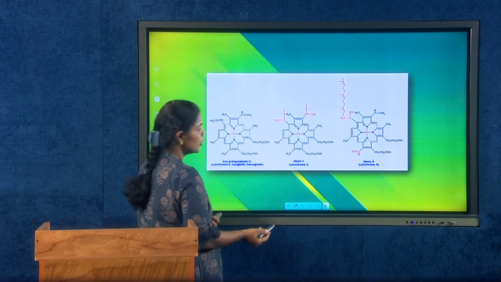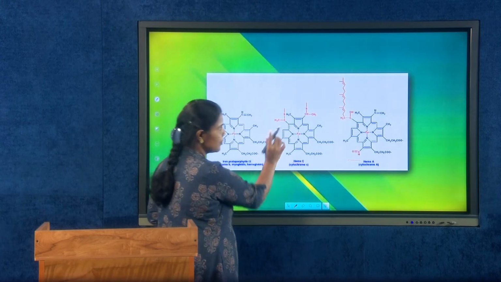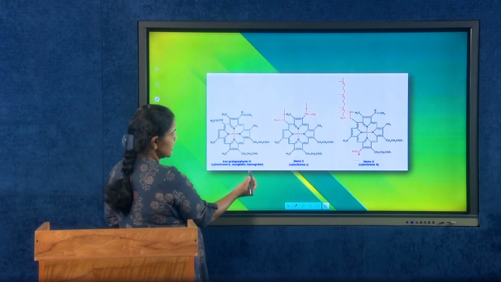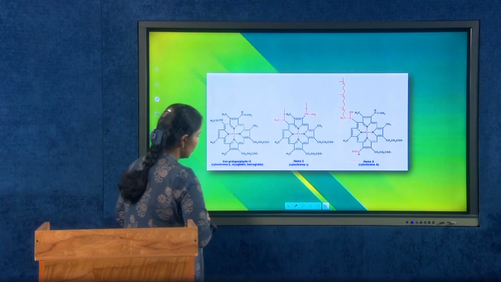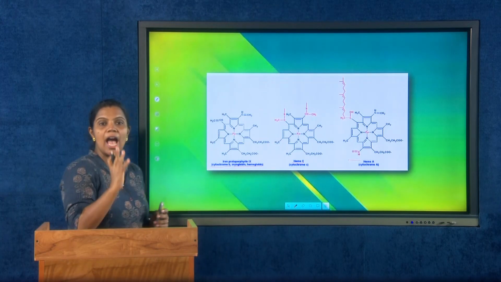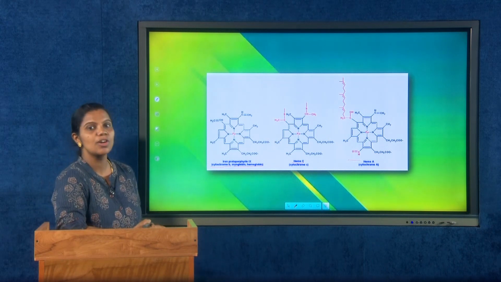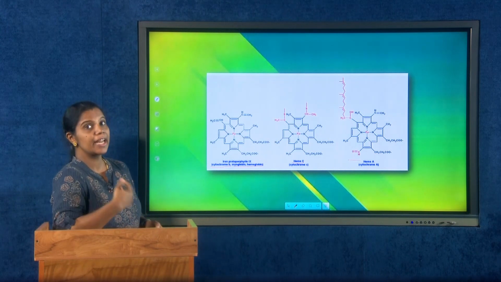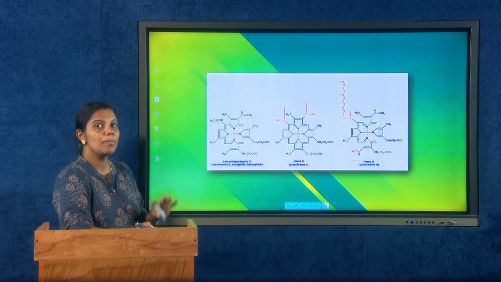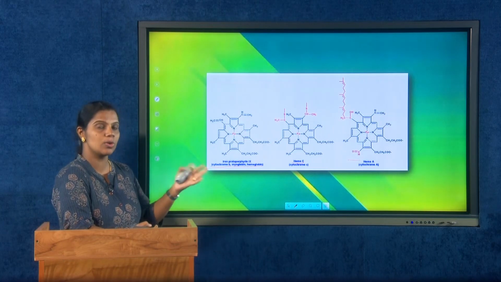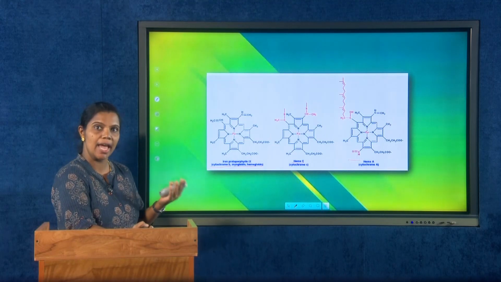Cytochrome C will have heme C, and you can see the substituent is different here. And this is cytochrome B, which has the same heme group as hemoglobin and myoglobin. We will learn the structure of hemoglobin and myoglobin in the coming lectures. Please understand that depending upon which type of heme it is, whether A, B or C, cytochromes are designated as cytochromes A, B and C.